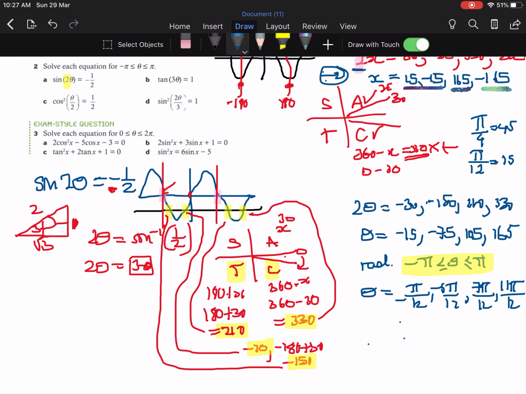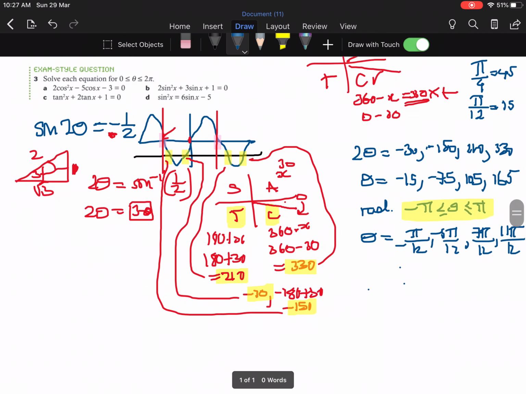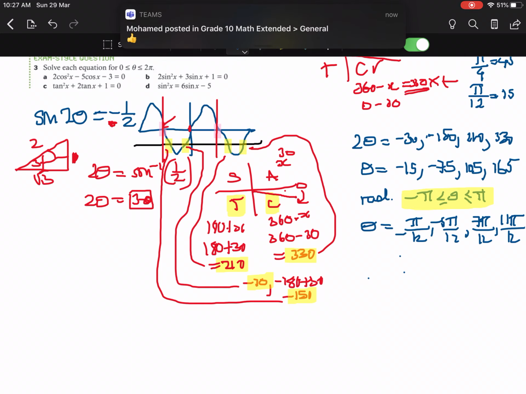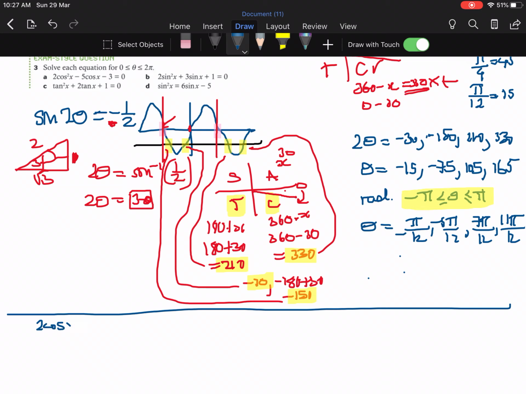For question 3, have I got any more room left? Yeah, got enough room. So question 3a. What have we got? We've got 2 cos squared x minus 5 cos x minus 3 equals 0.